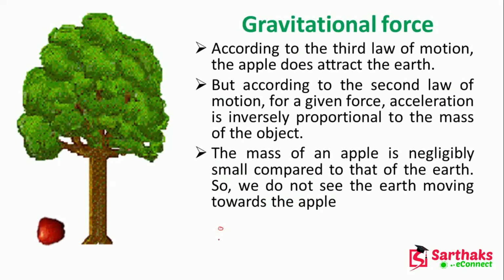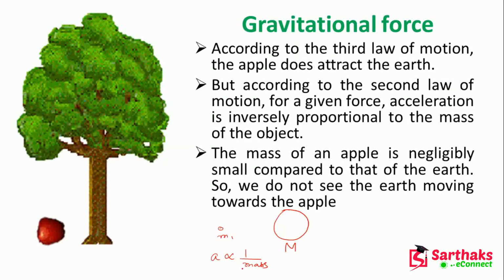This is the apple, and the mass is very, very small. And this is the earth. Mass is very large. So according to the third law of motion, the apple also attracts the earth. But according to the second law of motion, the acceleration is inversely proportional to the mass of the object.